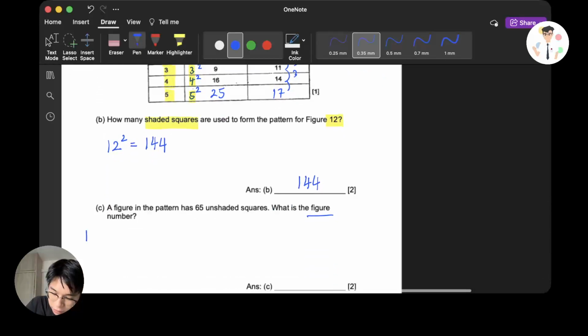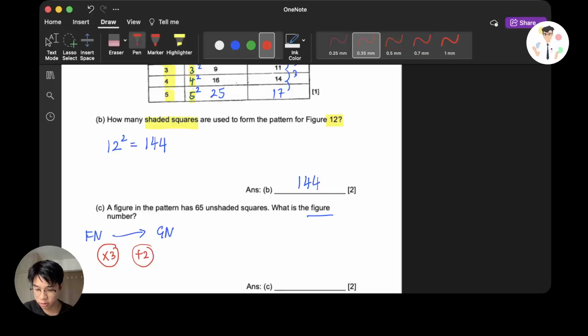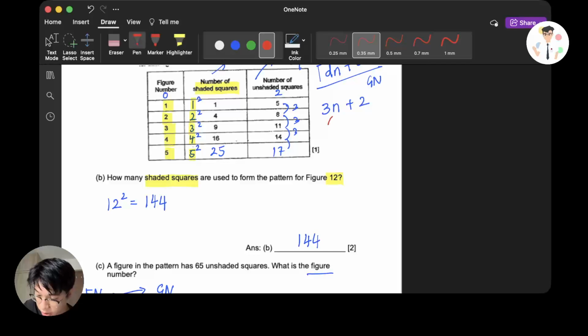If I want to go from figure number to my given number, I know usually I will do what? I will actually times 3, then I plus 2. Correct. This is what I usually do, right? I will times 3 first, then I will plus 2 to find a given number.